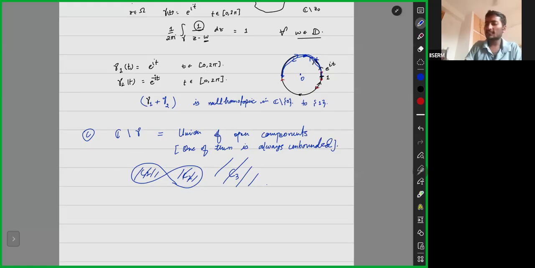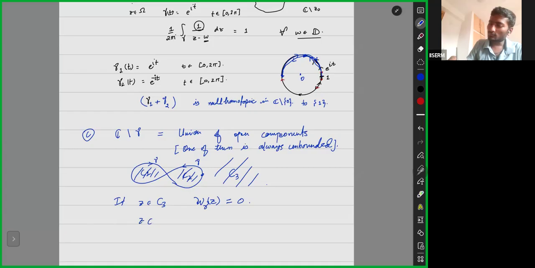If Z belongs to the unbounded component C3, the curve gamma is not going to wind around it. So for Z in C3, the winding number of the curve gamma around Z is 0.